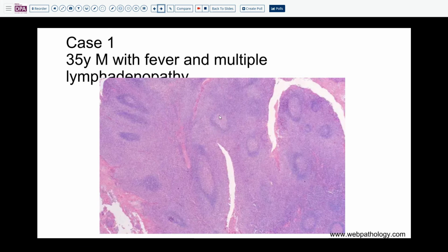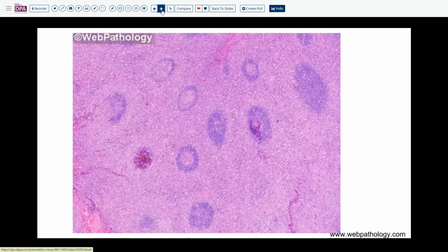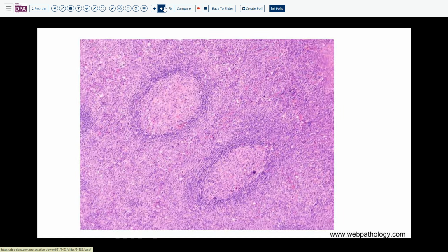Yes, we have follicular hyperplasia, and we also have a pericortical pattern, because usually we have this darker zone of T cells, but right now we have some pale area, so definitely it's a mixed pattern. Here's a higher image showing the same thing.